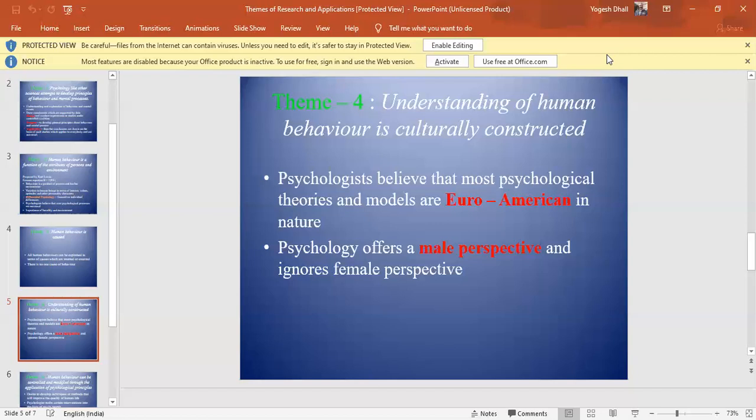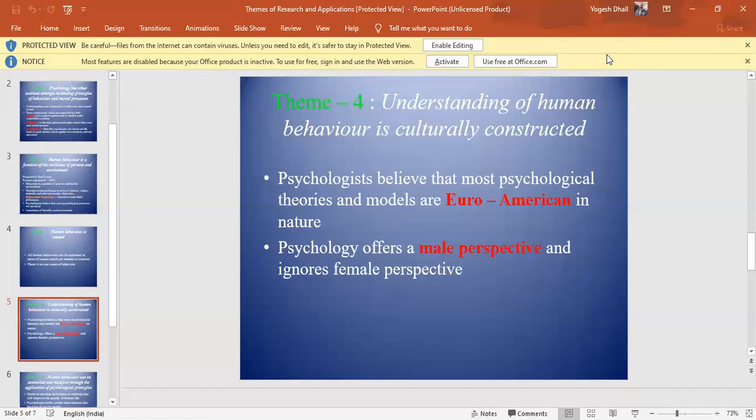Who are feminists? Feminists are people who support feminism. And feminists criticize that all the theories and models were made according to males, as these theories were developed by a majority of males. You will read further also that most psychologists were males.